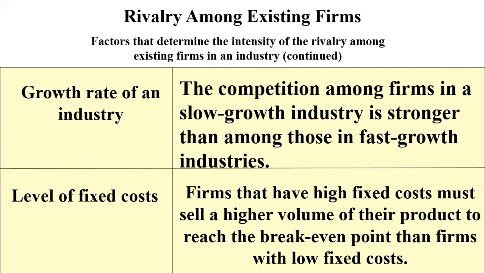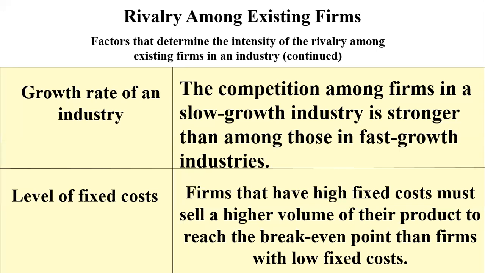In other words, when there is a higher level of competition among firms, but the growth in that particular industry is slow, and it's also characterized to be stronger than among those in fast growth industries, then there is a higher likelihood of intensity of the rivalry.